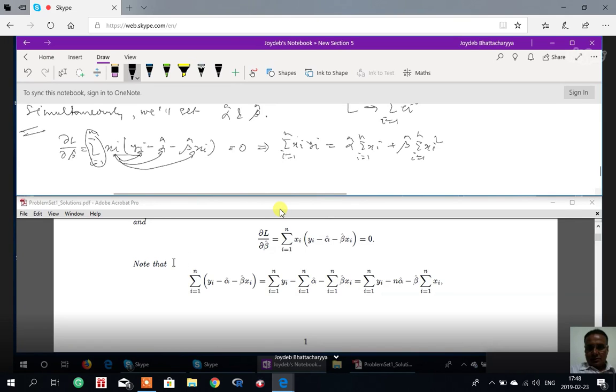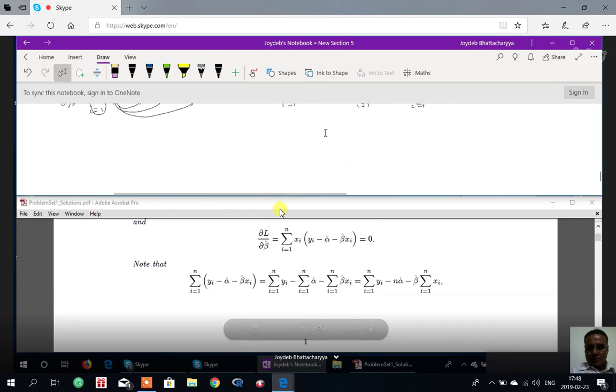Now what they have done is that they are substituting it to get this, the first normal equation. Now if you substitute the first normal equation, let me show that also. Recall your first normal equation, it is done above, again writing this way.